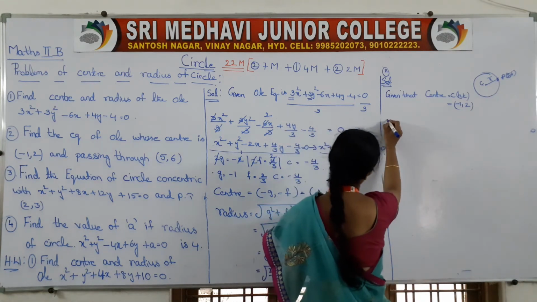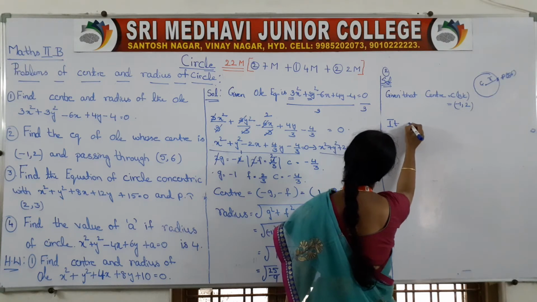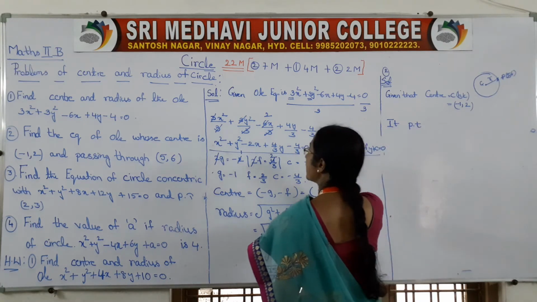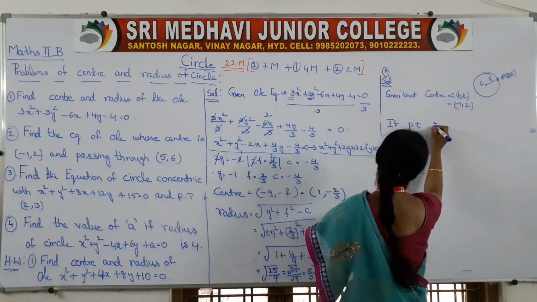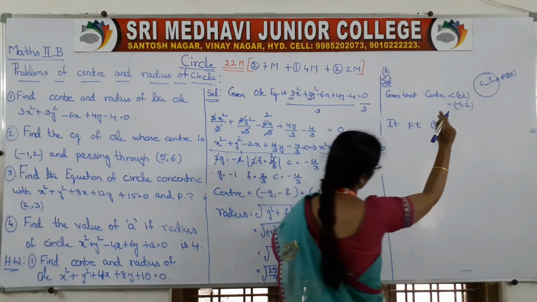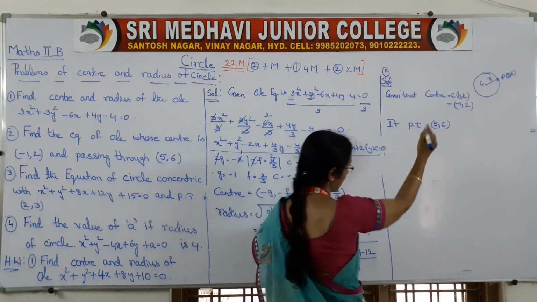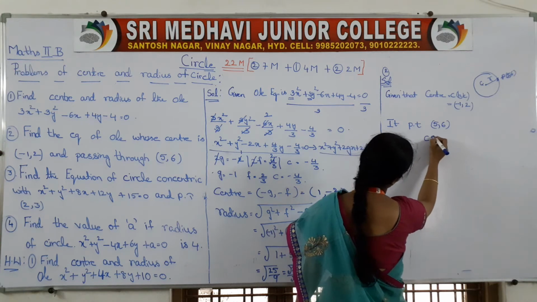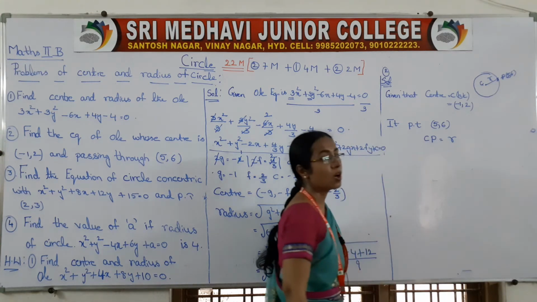It passes through the point (5, 6). So the distance from C to P is r. CP is equal to r.